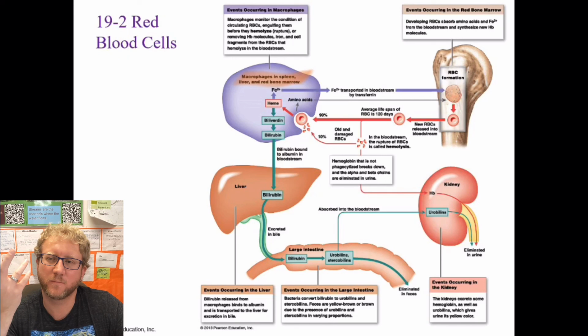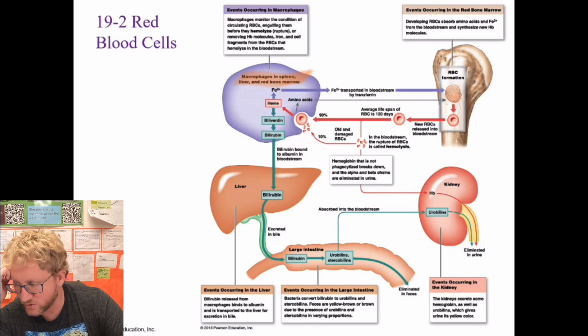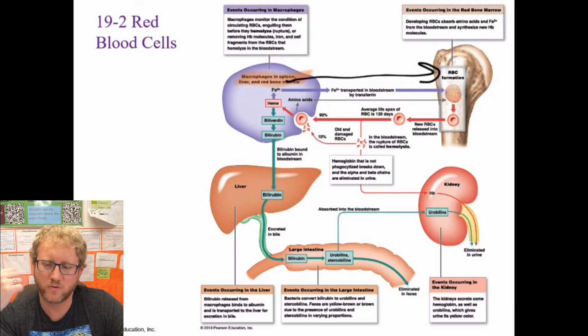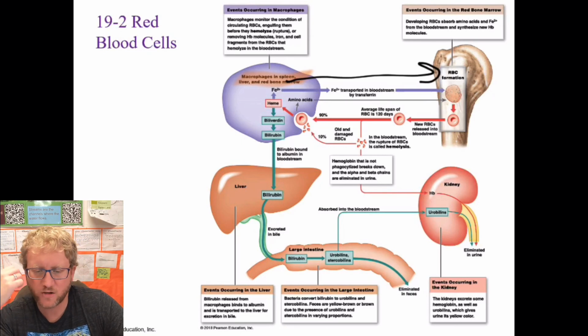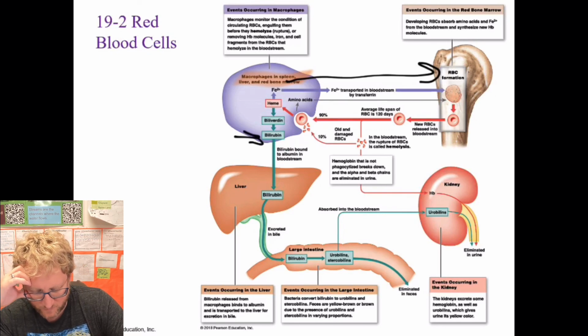Your body can't really absorb iron, so it gets stored in various forms with various chemicals. Eventually, what ends up happening is it either makes its way to the bone marrow right here, where then it's recycled and used for red blood cell formation, or it is bound up into various chemicals like bilirubin.